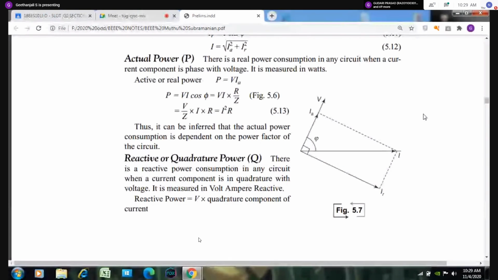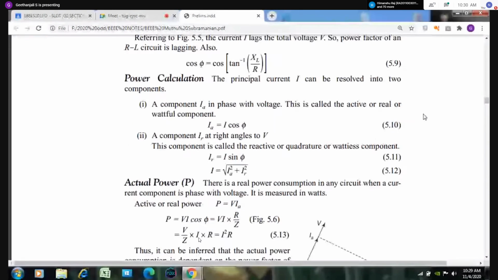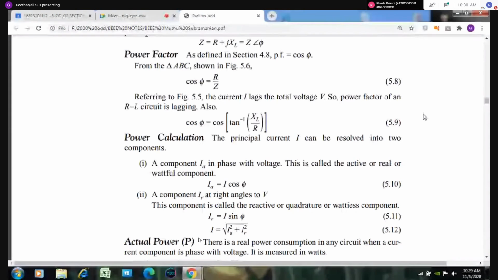The real power unit is watts. Actual power, active power, and real power are all the same. The expression for the power is P is equal to V into IA, where IA is the active or real or wattful component.